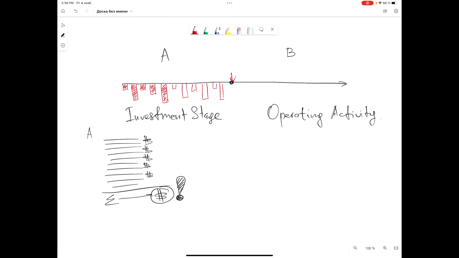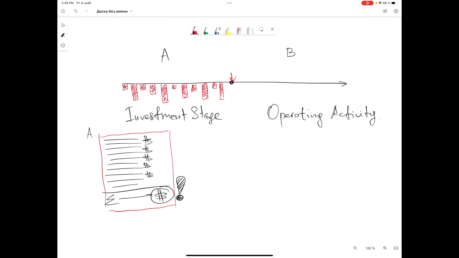So people usually have pink glasses, and before the operating activity starts, they just think that they need, let's say, 100k, 200k, 300k, but when they start creating a list of their expenses like this, they see that they need much more money even on the investment stage.